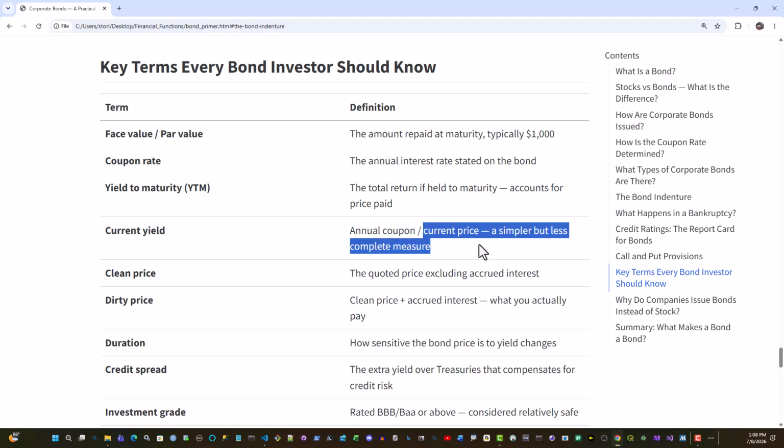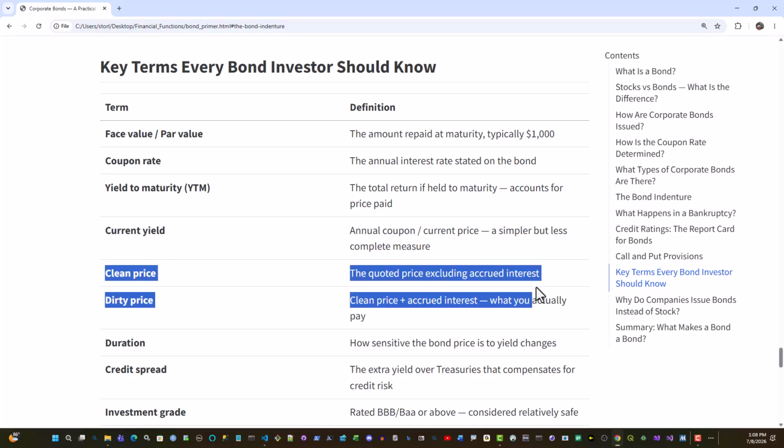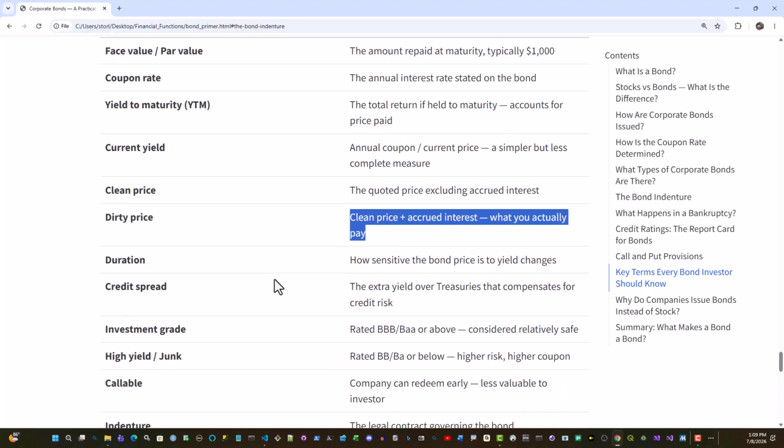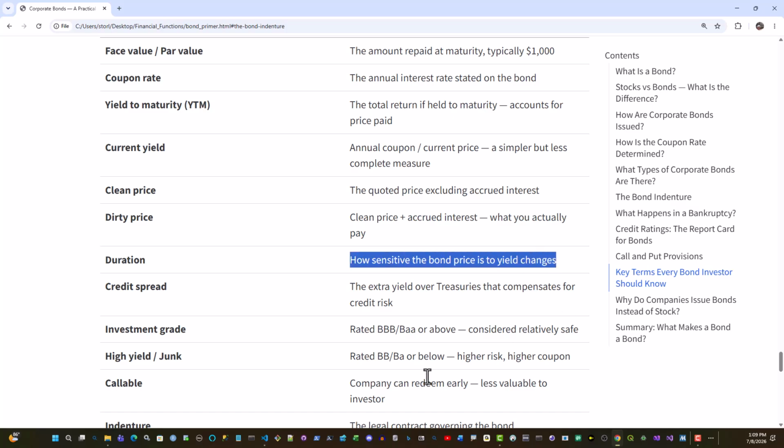There's also something called clean price, which is the quoted price excluding accrued interest. A dirty price is the clean price plus accrued interest, which means what you actually pay. Duration: how sensitive is the bond price to yield changes?